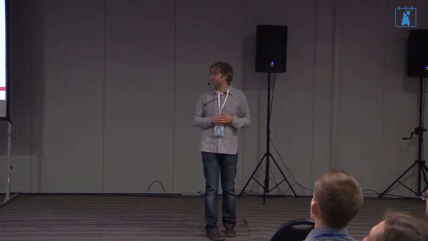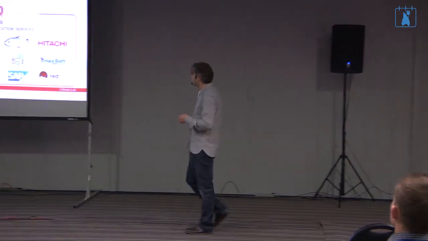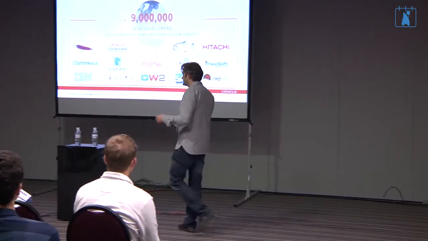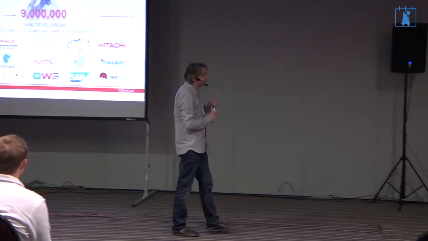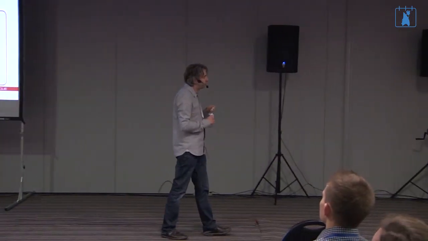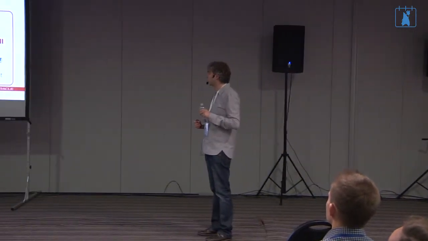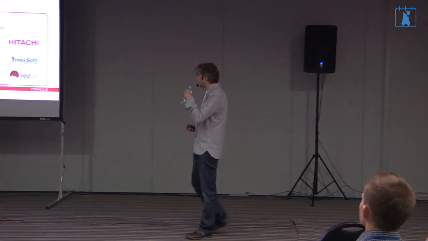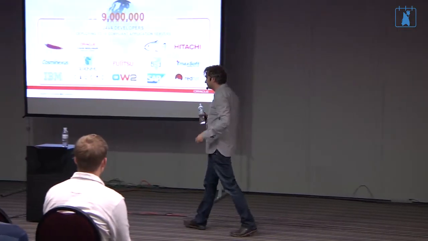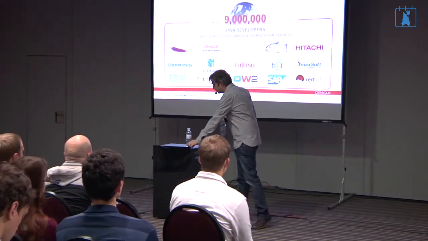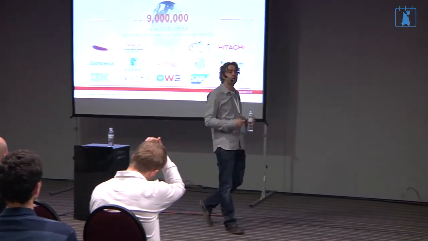That's a lot. You see some of those names: IBM, SAP, Red Hat, Oracle. Some big names, but we also have smaller players such as Cosminexus, for example, or Tmaxsoft. Those players also offer a Java EE application server. So Java EE 6 is really now the standard for enterprise applications on top of Java.